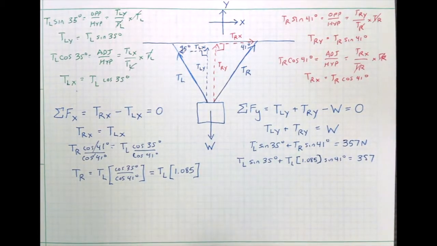Now we use our calculators to figure out what the sine of 35 and the sine of 41 are, and we get to this point.